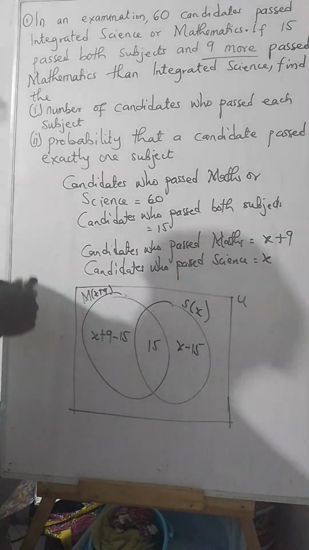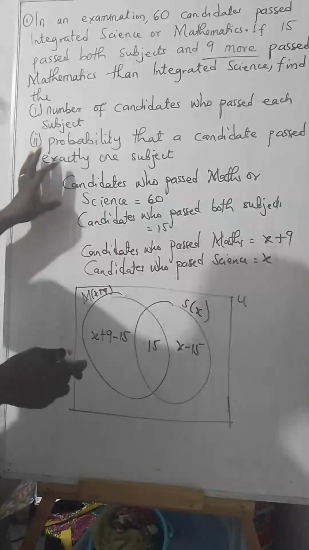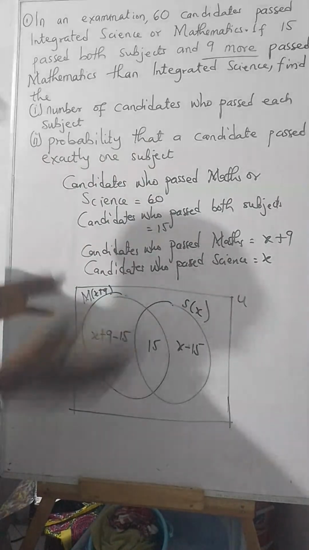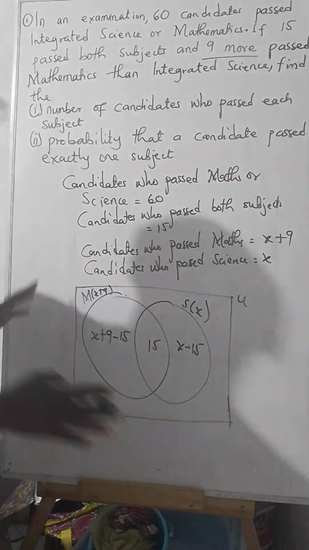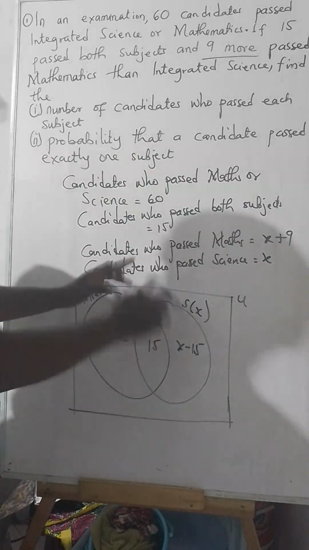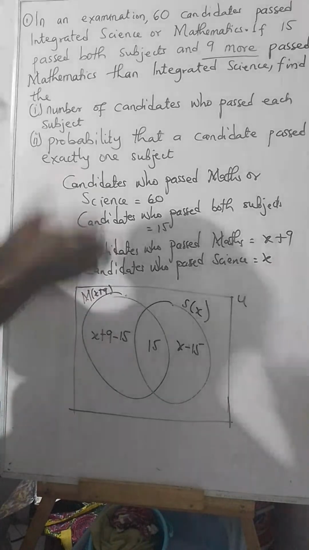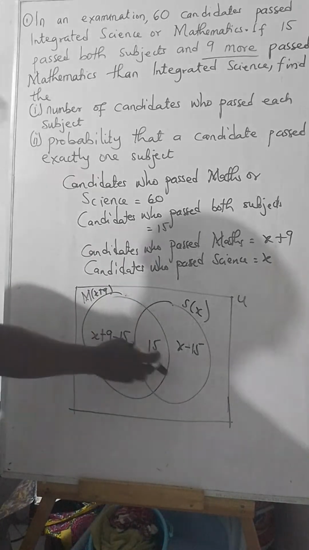So your preamble, you have 60 candidates, that is maths or science. That cannot be the universal set because it's only for the maths and science. Then candidates who pass both subjects, that is 15.